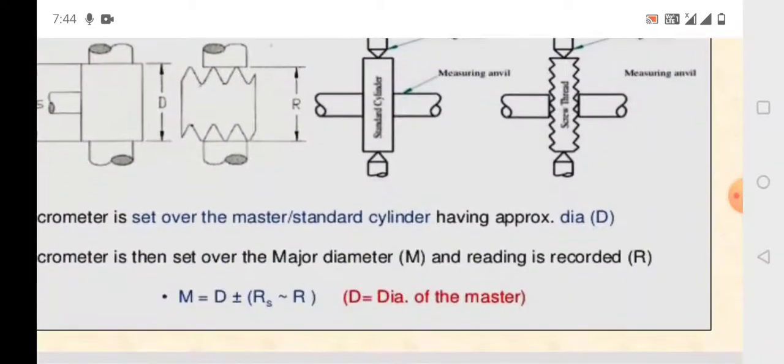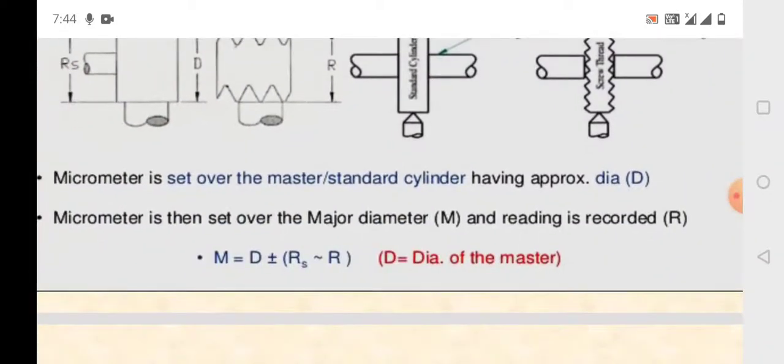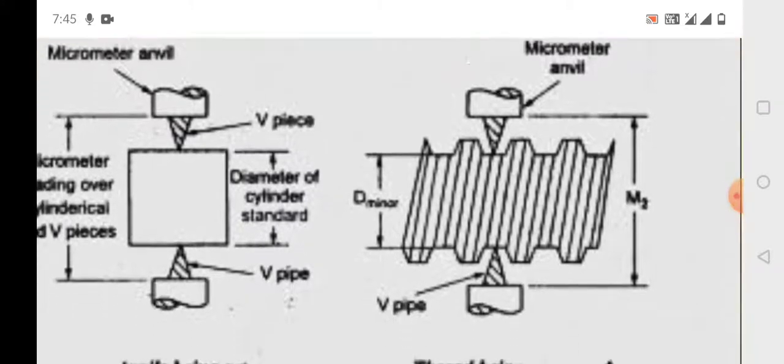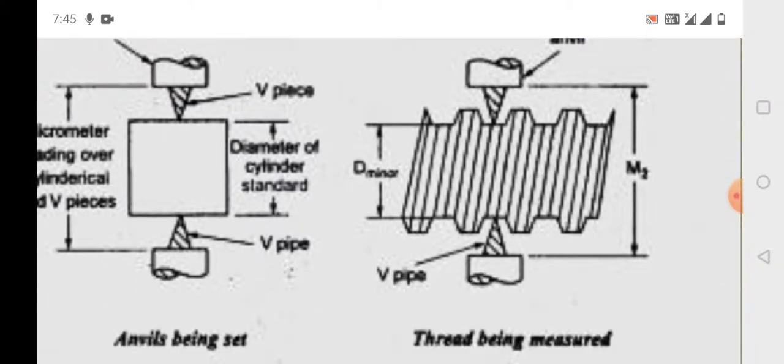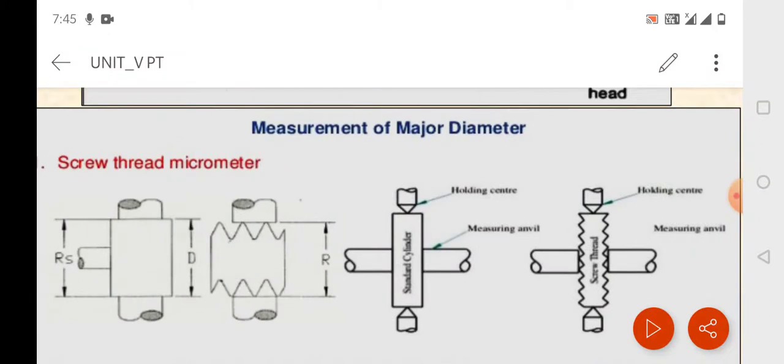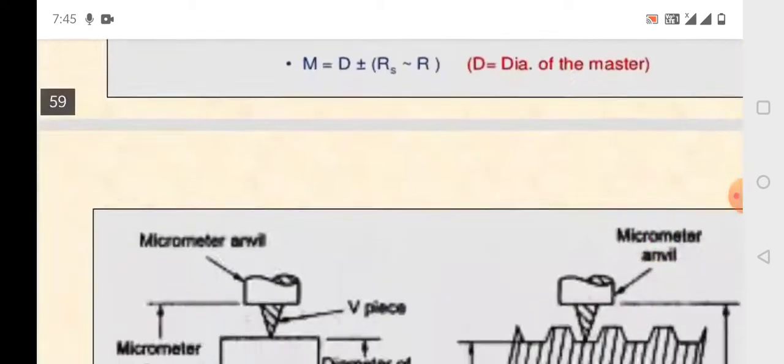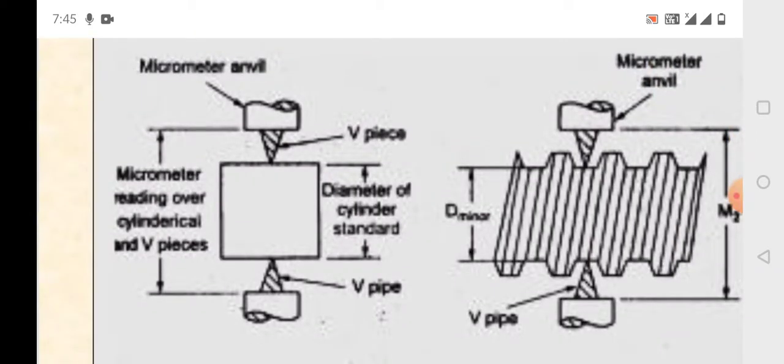Now to measure the internal diameter, or minor diameter, the anvils are pointed. Here the anvils are straight because they touch the crest, but to touch the roots, they are made pointed like this. The method is the same.